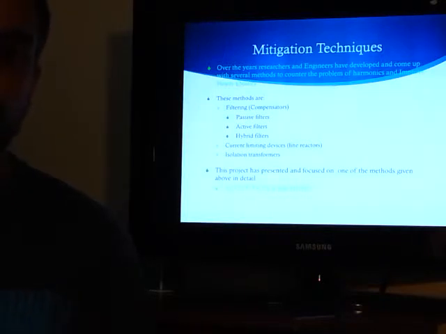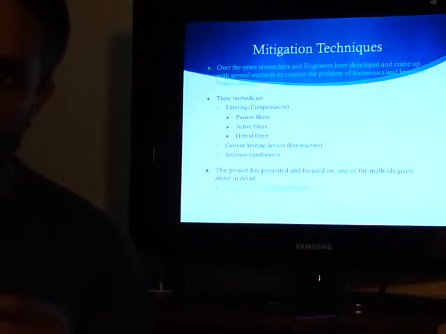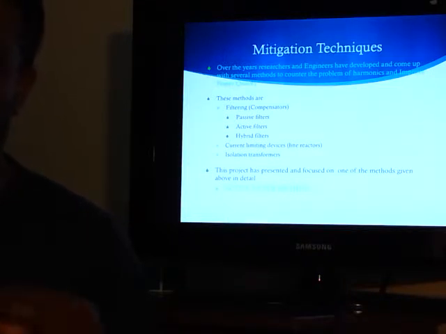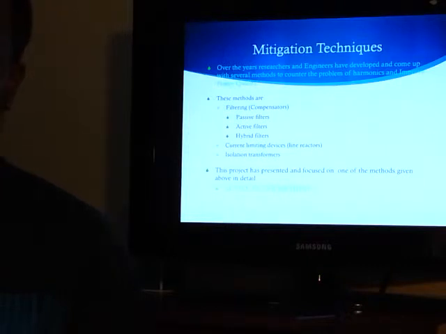Over the years, developers and engineers have come up with techniques to reduce those harmonics. These techniques include filtering, where we have passive filtering, active filtering, and hybrid filtering, which is a combination of passive and active. We can have current limiting devices such as line reactors, and isolation transformers.